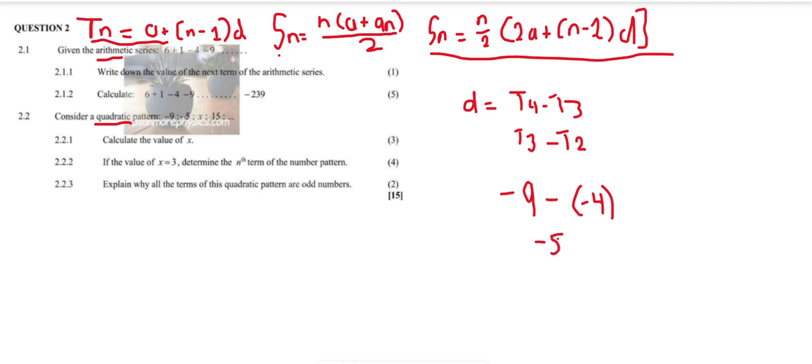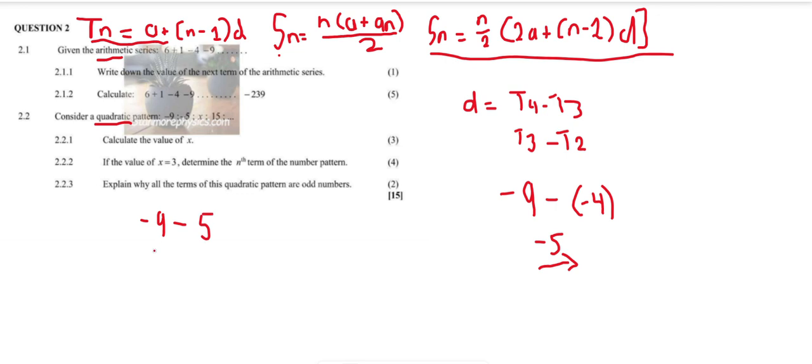Negative 5. So that means that now we're getting the difference of negative 5. So in order for us to get the next term, all we have to do is say negative 5 minus 5.